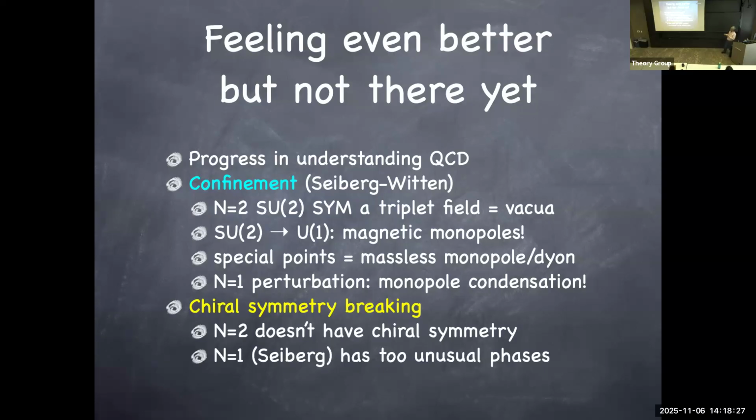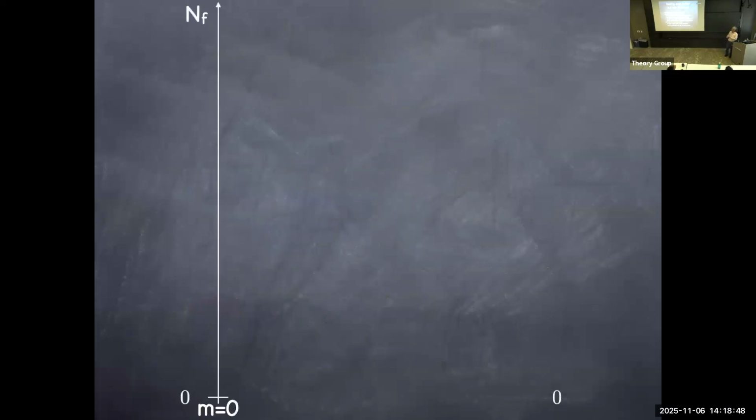So Seiberg then went on and studied a system with fewer supersymmetries, which is called N=1 supersymmetry. And he could still solve the theories exactly, which is again wonderful. But it turns out the solutions end up not looking like the real world at all. How different they actually look is what I'm trying to show in the slide here.